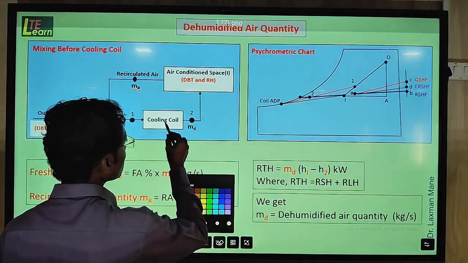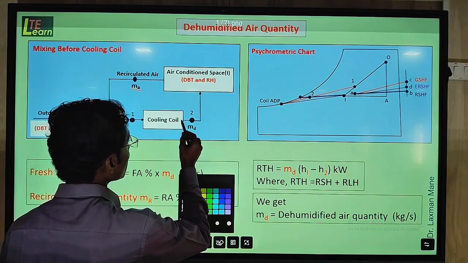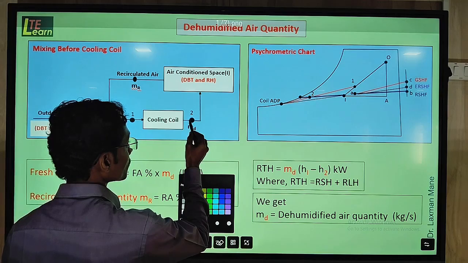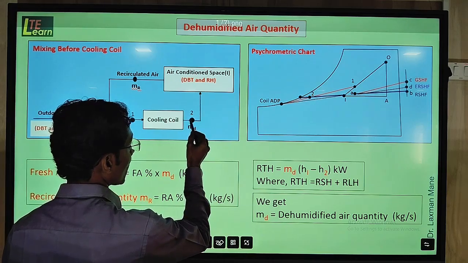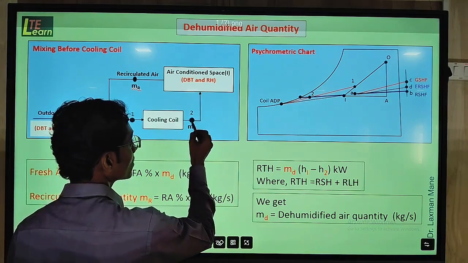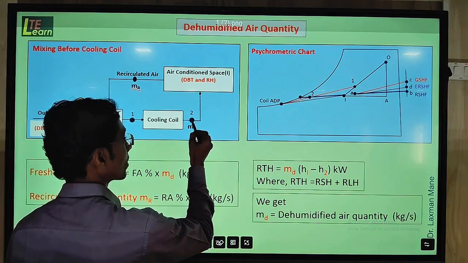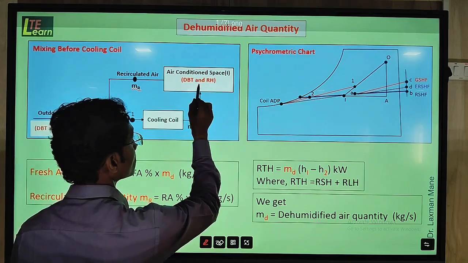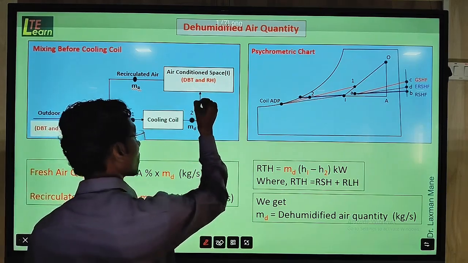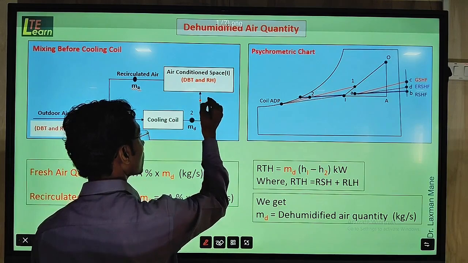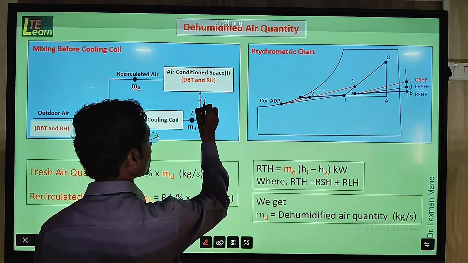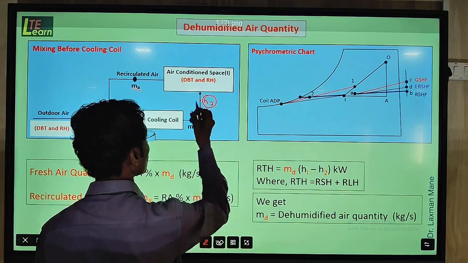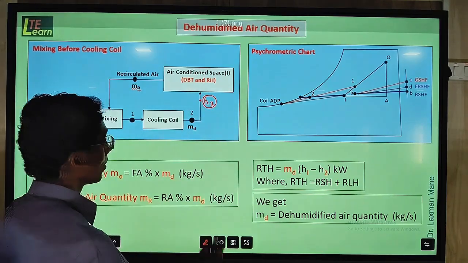Now the air which is coming from the cooling coil, that is point number 2 condition. This is dehumidified and cooled air which is passing to this hall. So here we will have the enthalpy of this air, that is H2, after the cooling coil.